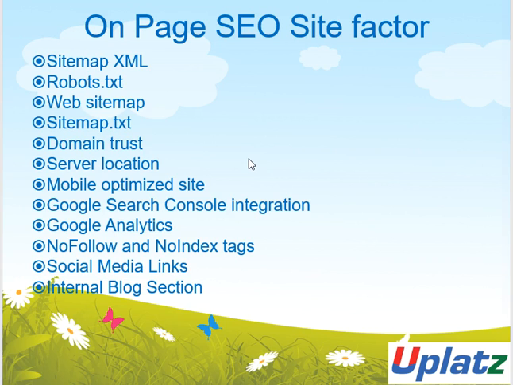This will be very helpful because the search engine creates its database on the basis of country. So if your website is ranking in Australia and your server is in Australia, then you will get a very good benefit. Second thing, mobile optimization.